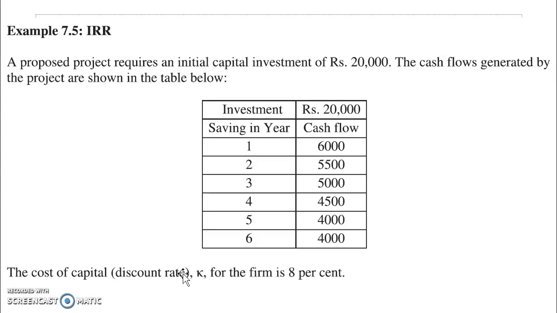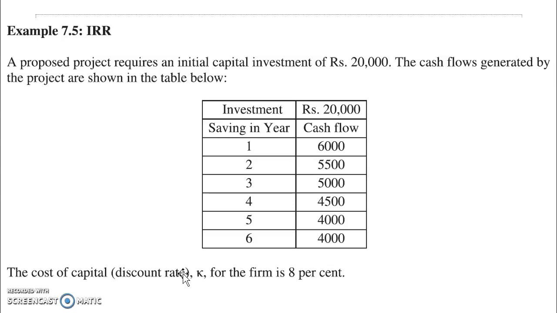If the market interest rate is say 9%, and your IRR is 7%, then obviously the project is not feasible. But if the IRR is 12%, then you can consider that project, because the rate you are getting from that project is much greater than the prevailing interest rate.